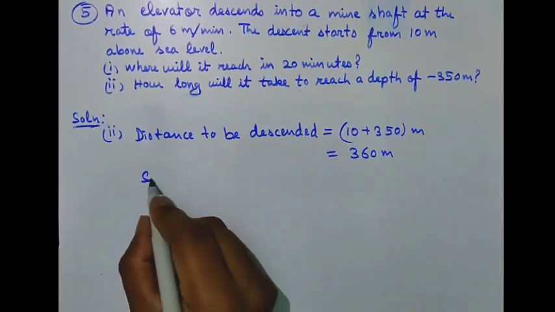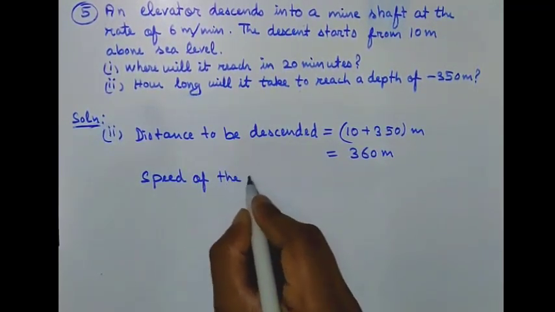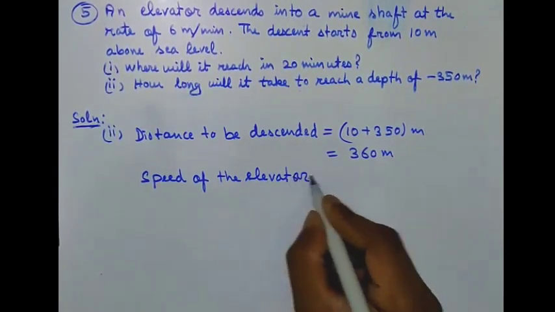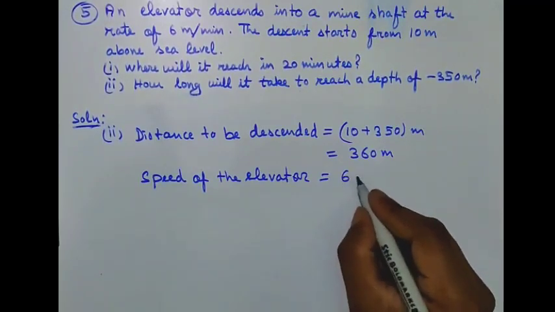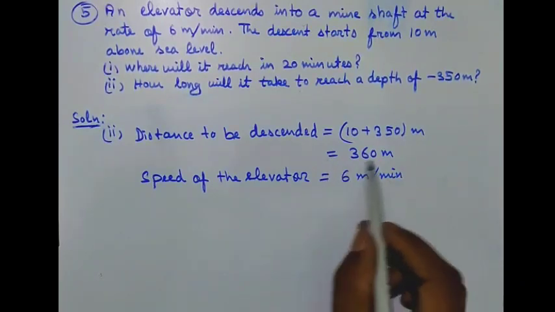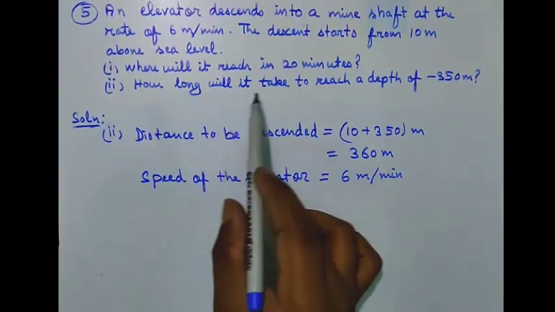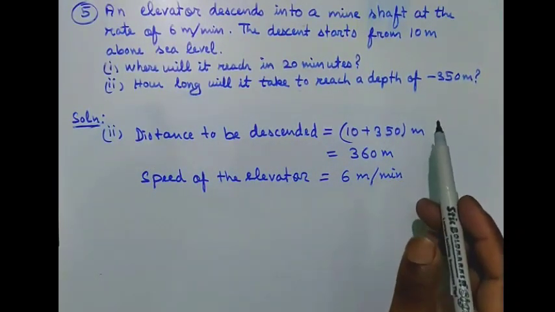So the speed is already given. Speed of the elevator is equal to 6 meters per minute. Now we have the distance, we have the speed. They have asked how long will it take to reach a depth of minus 350 meter.